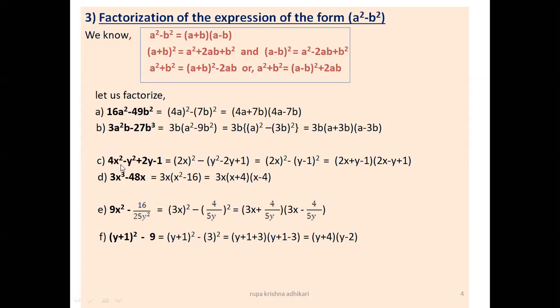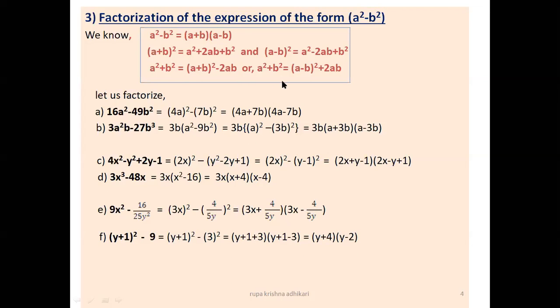Next example, 4x square minus y square plus 2y minus 1. Let us write it in square form. 2x whole square, that is the first term, minus y square plus 2y minus 1. I want to take minus common outside. So what is left inside? y square minus 2y plus 1. And this is of the form a square minus 2ab plus b square.